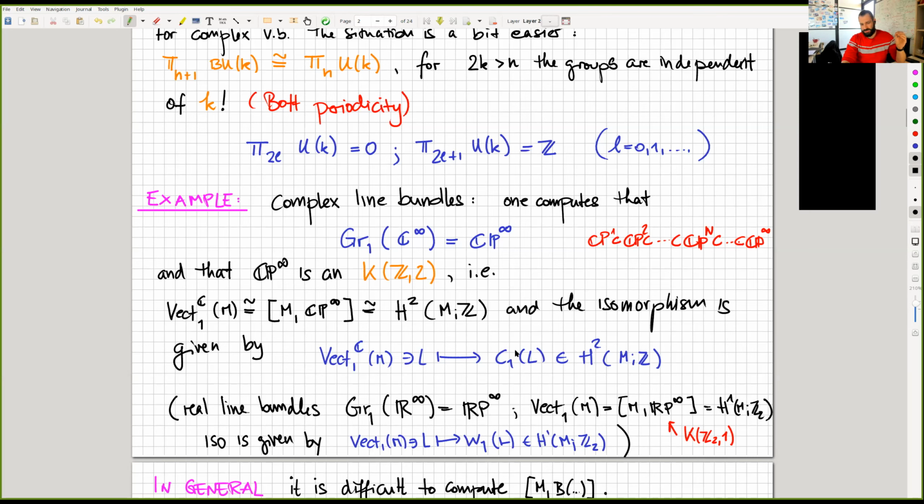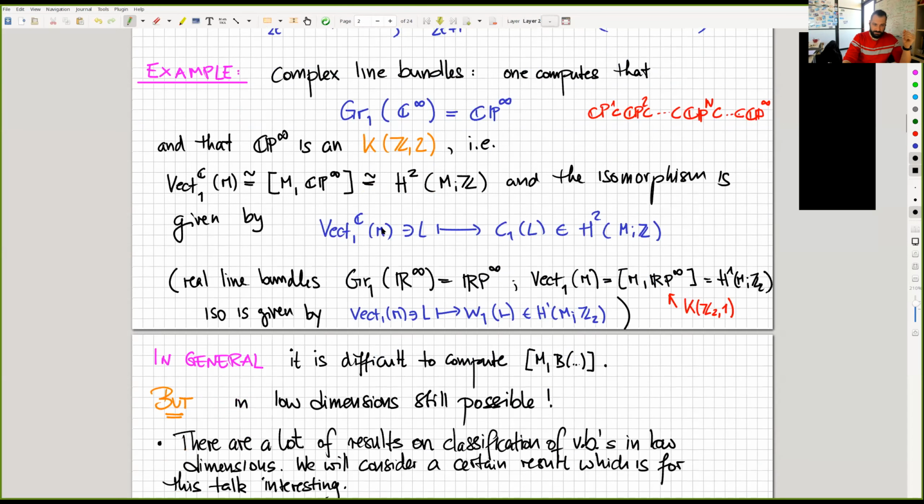I will say something about characteristic classes later, but this is just a certain cohomology class which you can assign to L with certain properties. And this lives in that case in H2(M,Z). So this is a very nice correspondence because every element in this group can be represented as the first Chern class of your line bundle.